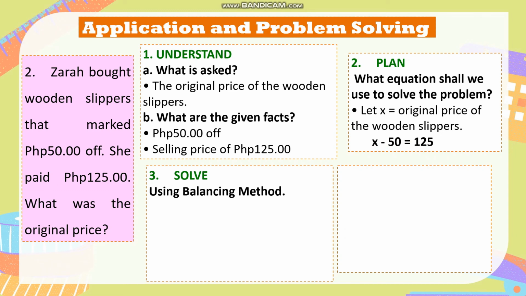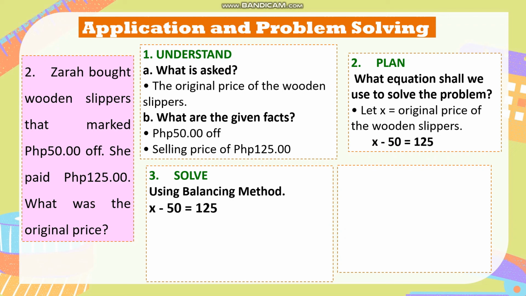Kapag sinabi nating balancing method, kung ano ang ginawa sa side A, ganun din ang gagawin sa side B para ma-maintain ang value ng equation. X minus 50 is equal to 125. Ang ating variable ay x at ang naka-attach sa ating variable ay minus 50.